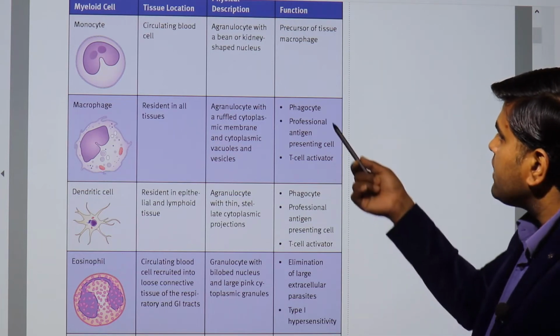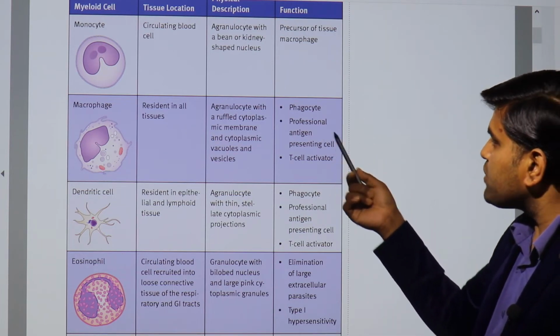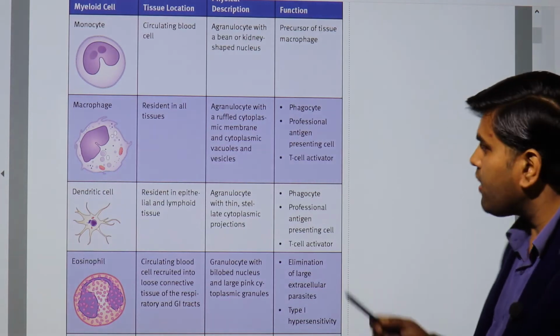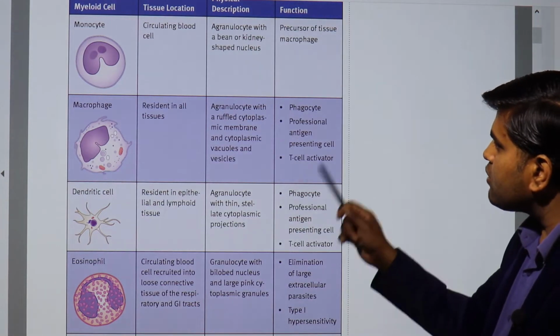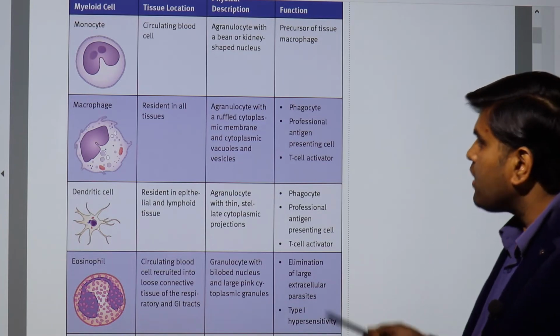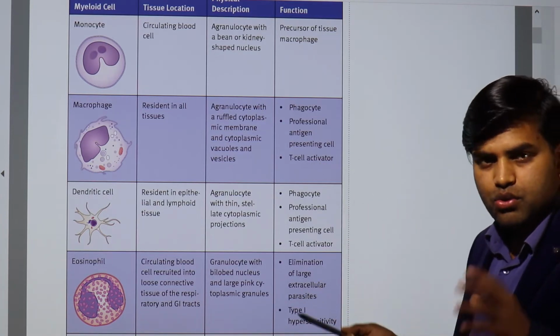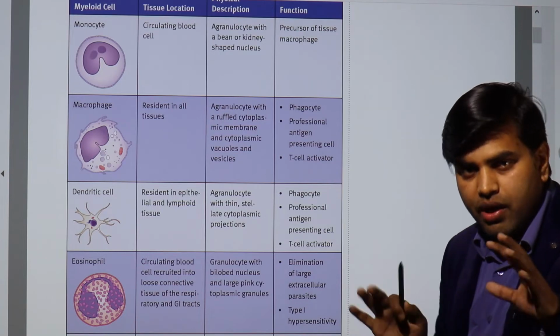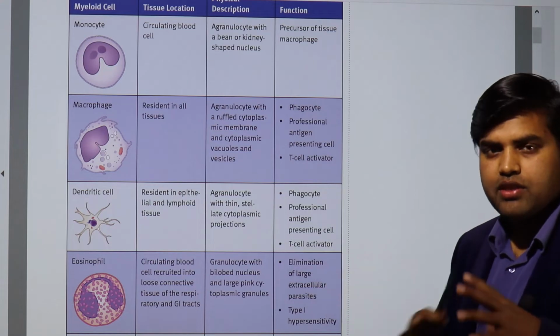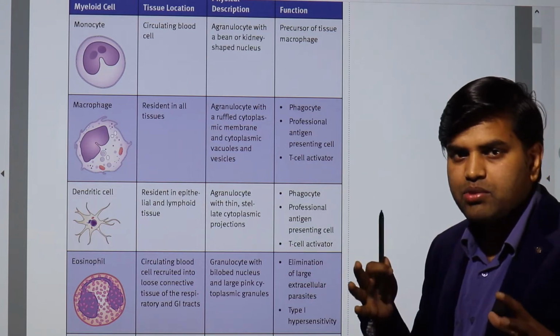They have functions like phagocyte, antigen presenting cell and T cell activator. The macrophage is mainly responsible as a phagocytic cell. It can also act as your antigen presenting cell, and it is also a T cell activator. So you have now understood that the monocyte in the blood, when it comes into the periphery, its cytoplasmic membrane becomes ruffled.